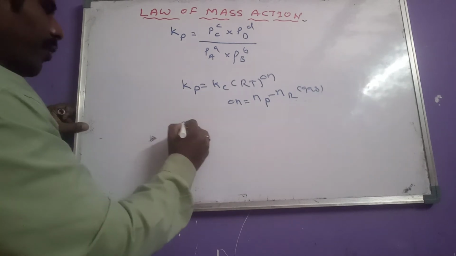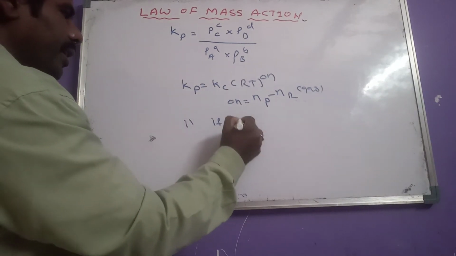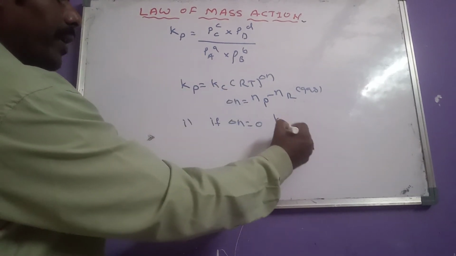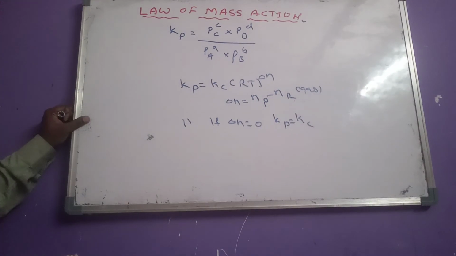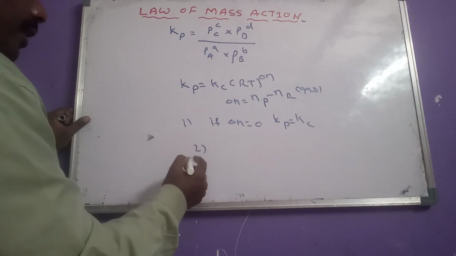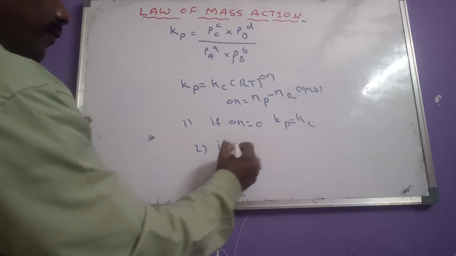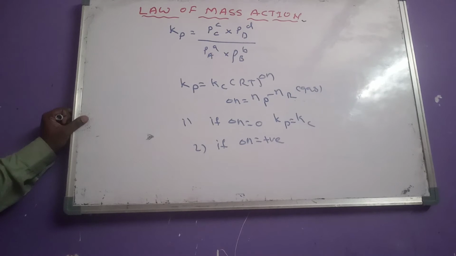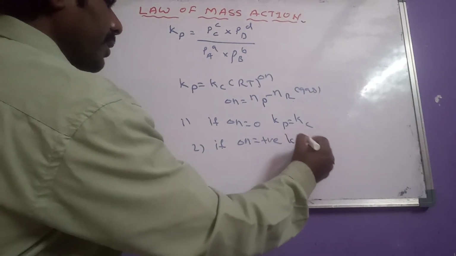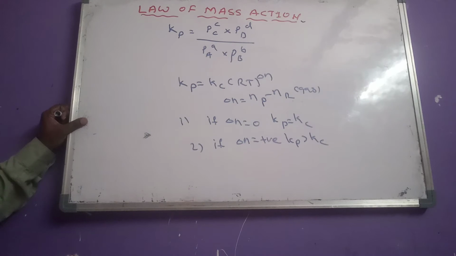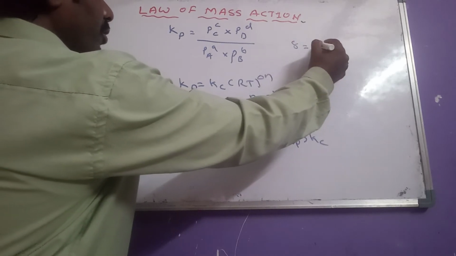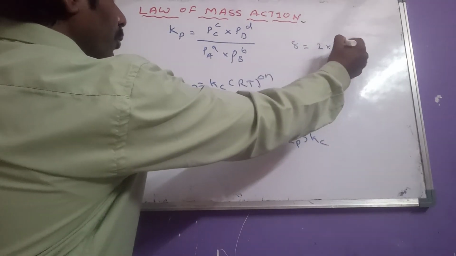Condition number 1: if delta N value equals 0, then Kp equals Kc. Condition number 2: if delta N is positive, then Kp is greater than Kc. Why? We can give an example. If we want to get 8, we can write 2 into 2 power 2.